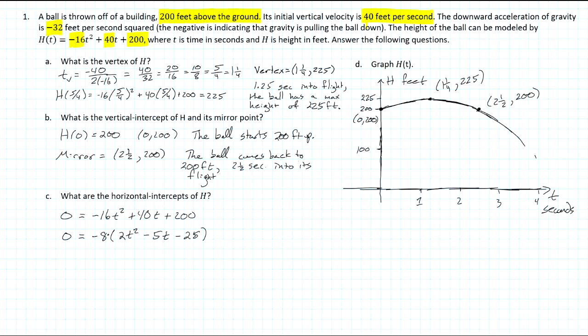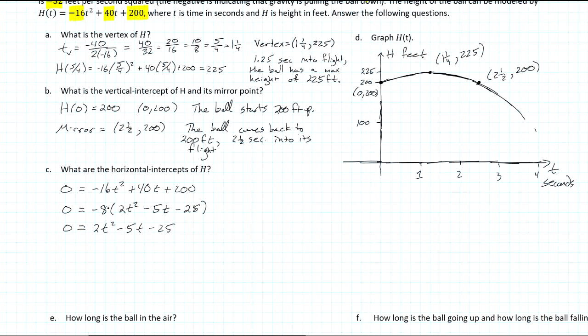Now, with this product, we can really just divide out that -8 and say 0 just equals 2t squared minus 5t minus 25. And what we've been learning is how to factor these. So I'm going to use the AC method. That's going to be 2 times -25 equals -50.